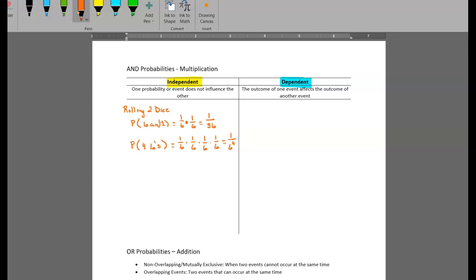Let me start with what we have. That was rolling 2 dice, and this was just rolling 4 6s with 1 die.